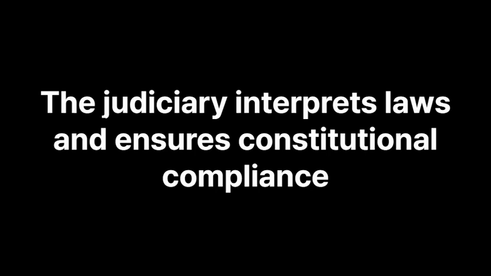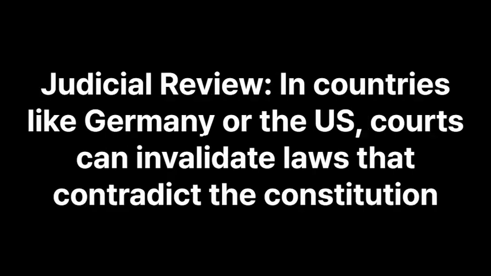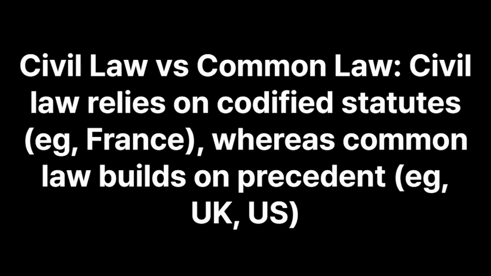1.3. The judiciary. The judiciary interprets laws and ensures constitutional compliance. Judicial review. In countries like Germany or the U.S., courts can invalidate laws that contradict the Constitution. Civil law versus common law. Civil law relies on codified statutes, e.g., France, whereas common law builds on precedent, e.g., UK, U.S. 1.4.